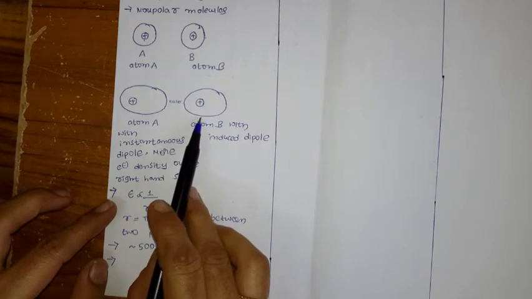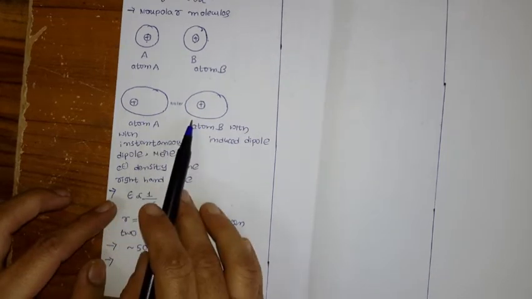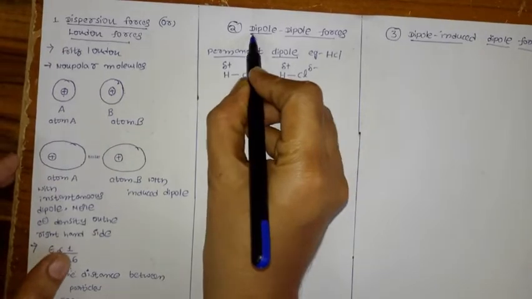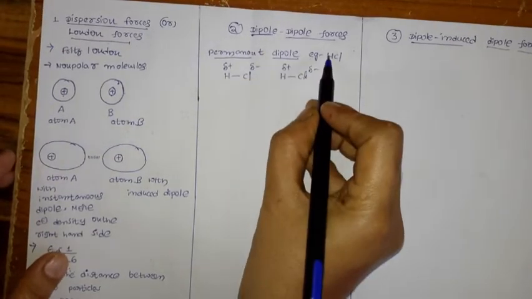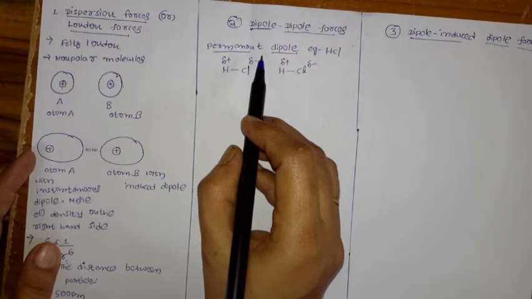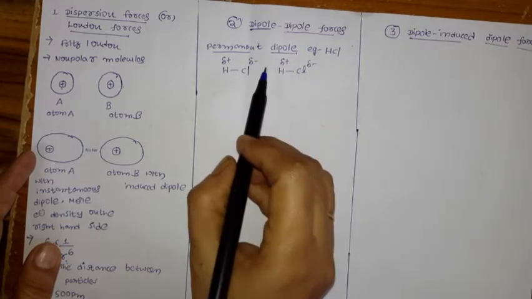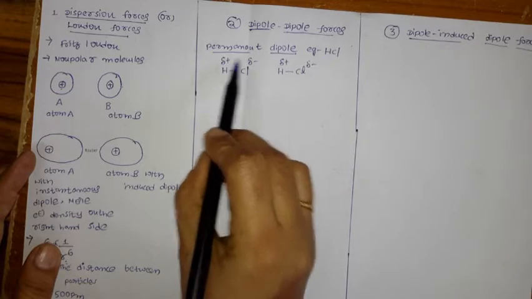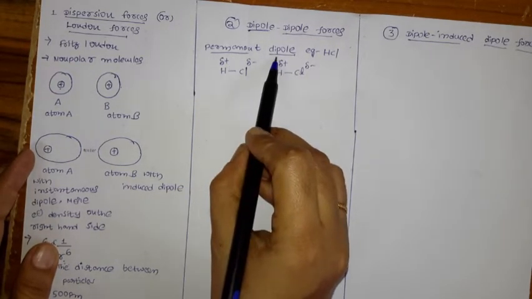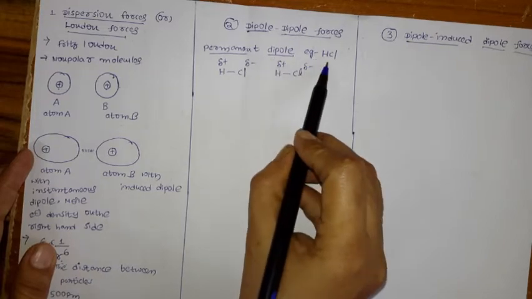What is the meaning of polarizability? It is nothing but the creation of charges in a molecule. Dipole forces. The dipole forces act between molecules possessing a permanent dipole. So what is a permanent dipole? Let us take one example, HCl.